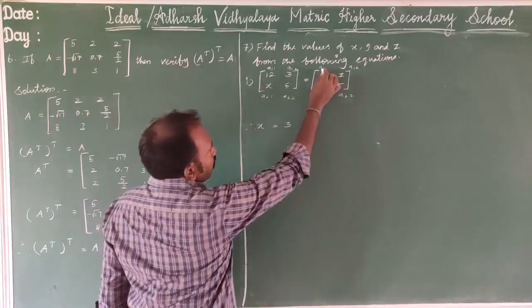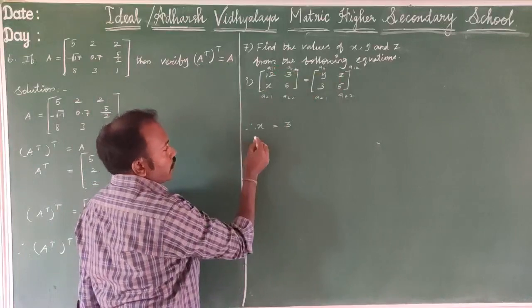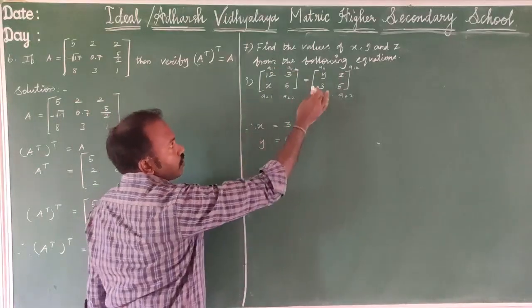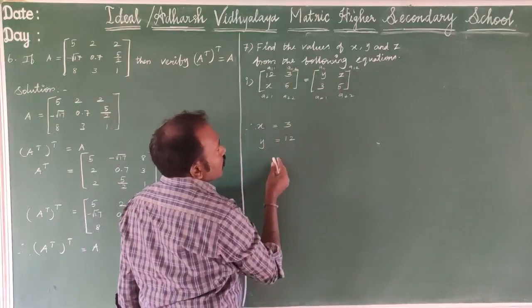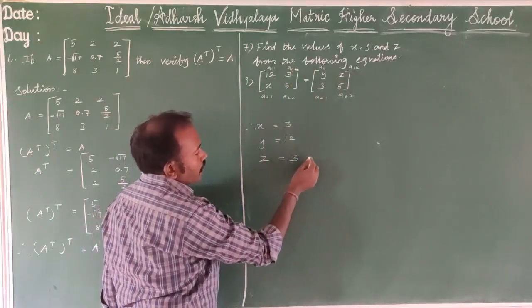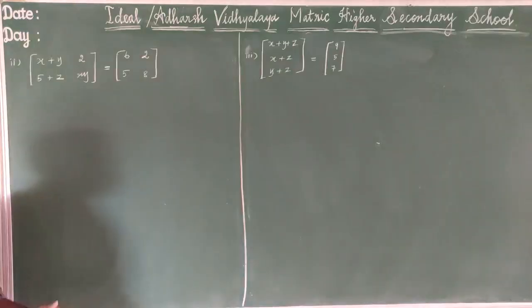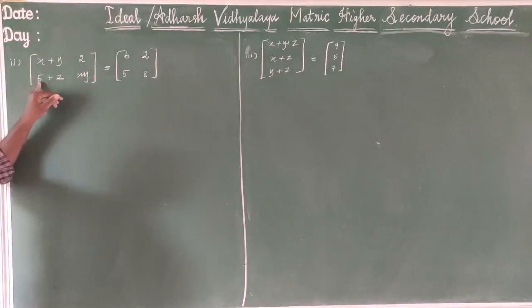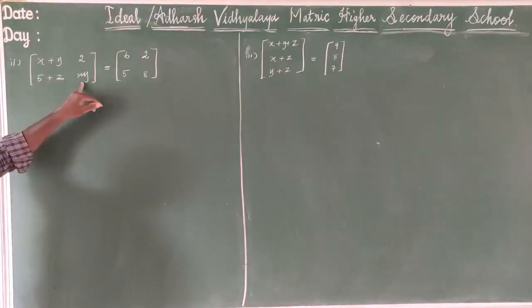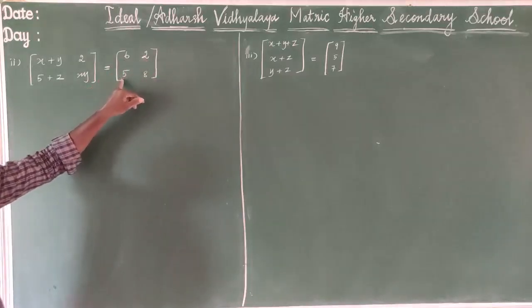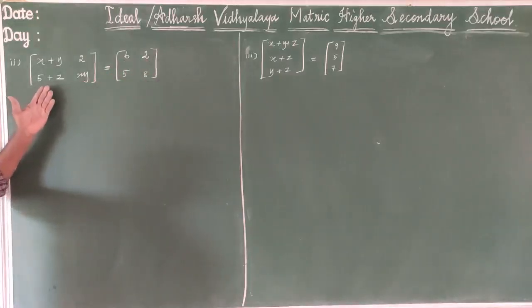Then a11 is equal to a11, that is y is equal to 12, and a12 is equal to a12, that is z is equal to 3. That's all. Next one, second subdivision: x plus y 2 5 plus z x y is equal to 6 2 5 8.